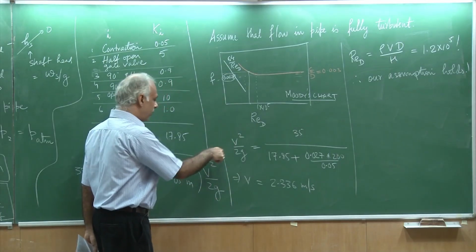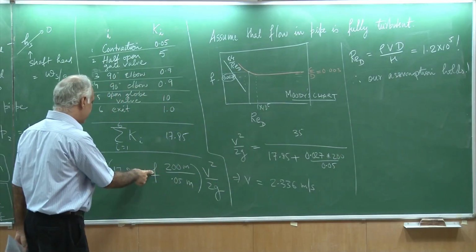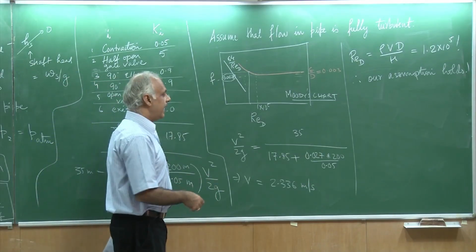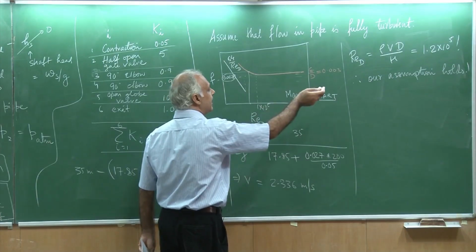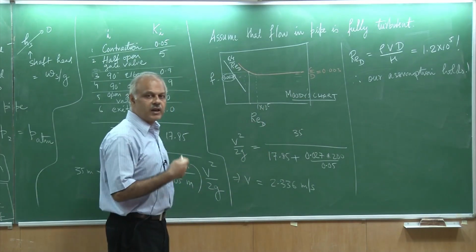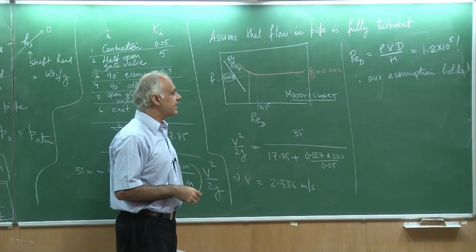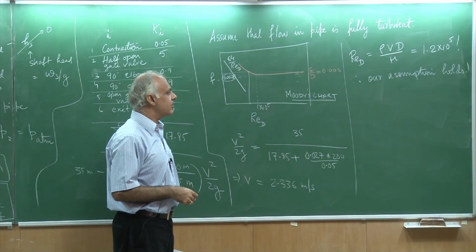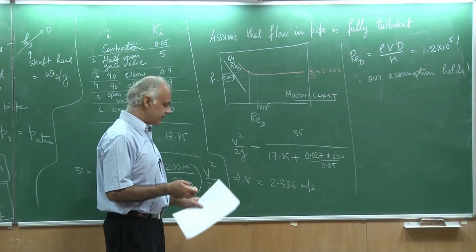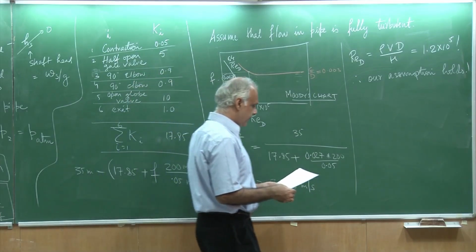Again go back to this formula, plug the value of f and recalculate my speed, and from that speed again estimate my Reynolds number and see indeed if I have converged. So, I could iterate and get the final value of v. Here we were fortunate that right in the first instant we were able to get the answer.